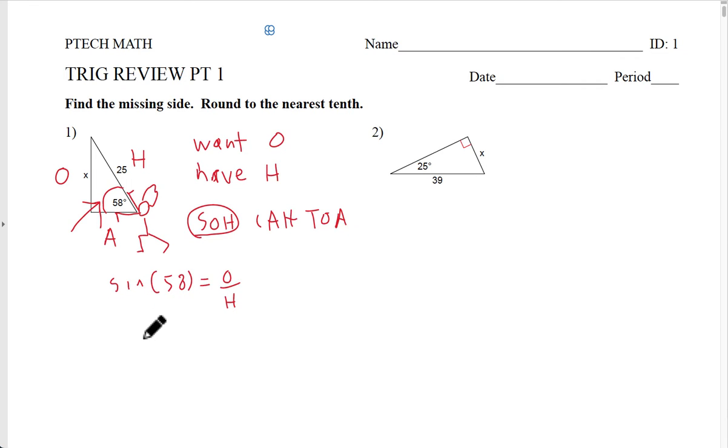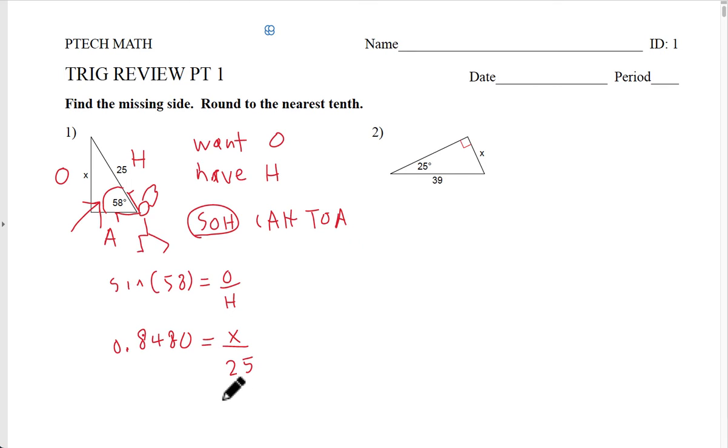Then, after I put sine of 58, it's going to be 0.8480. I recommend that you always round to at least 4 digits of the decimal when you're doing your calculations so that you can keep it accurate. And I know that's going to be equal to my opposite, which is X, over my hypotenuse, which is 25.